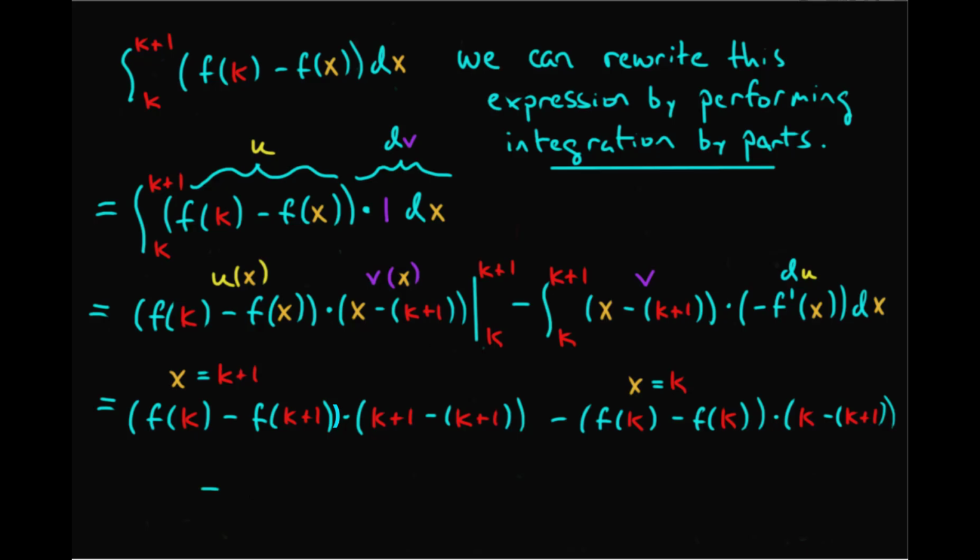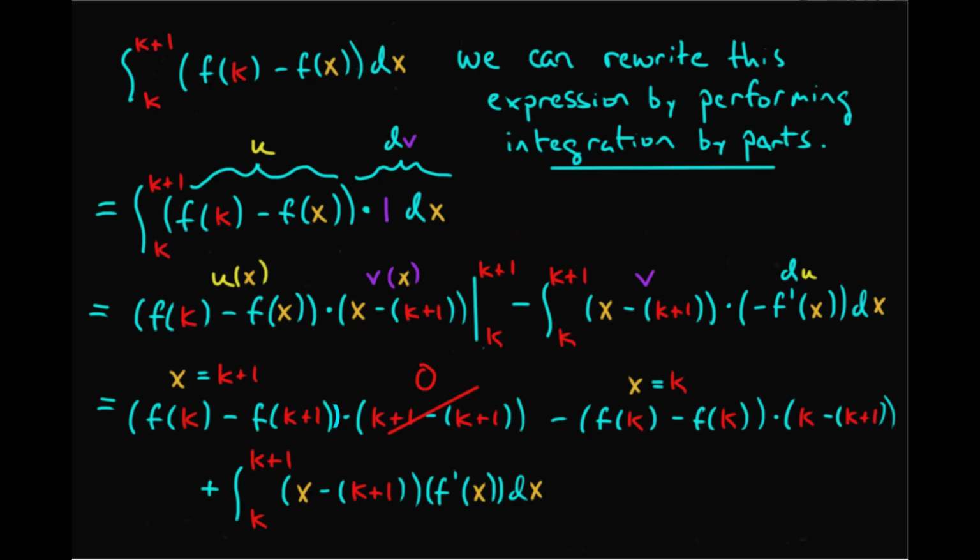And then we have the rest of our expression here that's minus the integral from k to k plus 1 of v du, which is x minus the quantity k plus 1 times negative f prime of x dx. I'm just going to take that double negative and change it to a positive sign, so this will be plus the integral. And now, because of our very clever choice of letting c equal negative the quantity k plus 1, we get to make some wonderful cancellations here.